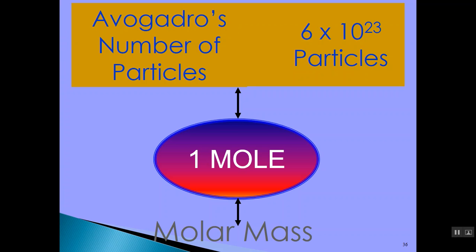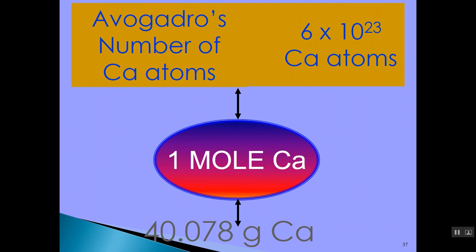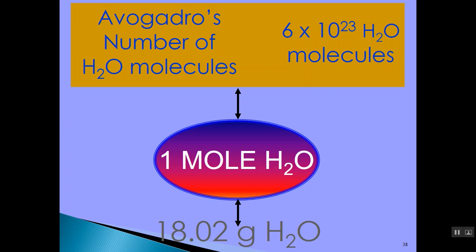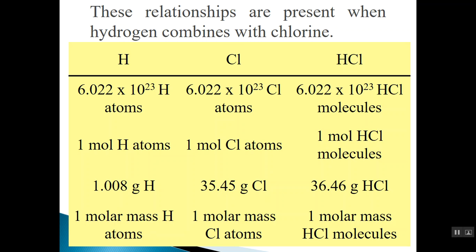So this is true not only for elements such as calcium, as you can see here, but also for compounds such as H2O. 1 mole of water would have a mass of 18.02 grams, which of course you can get from adding up the molar masses of hydrogen and oxygen according to the formula. And that mass of water, which is equal to 1 mole, contains 6.02 times 10 to the 23 molecules of water.